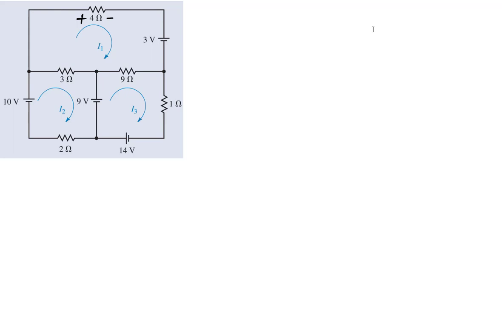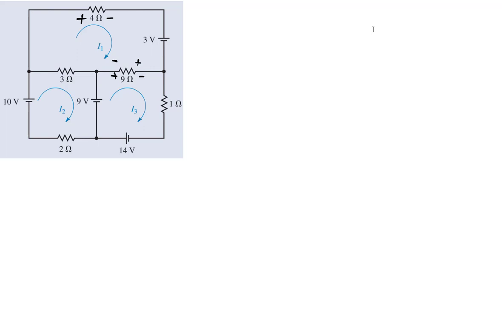This is our source. Now here we have positive and negative for I1, but we have to pay attention that this resistance is mutual between two loops, two meshes, and from the other side we have this voltage drop because I3 goes the other way around.